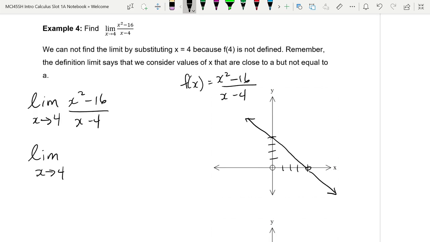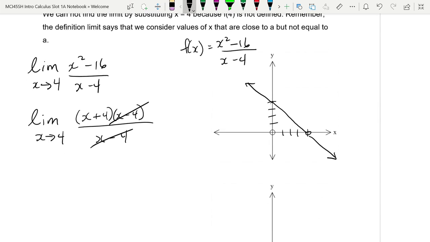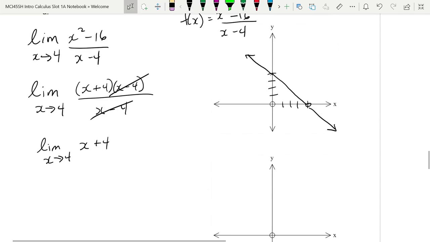The limit as x approaches 4 of x plus 4, x minus 4, all over x minus 4, those things cancel. And this is going to be just like saying it's the limit as x approaches 4 of just x plus 4. So this is now a new function.